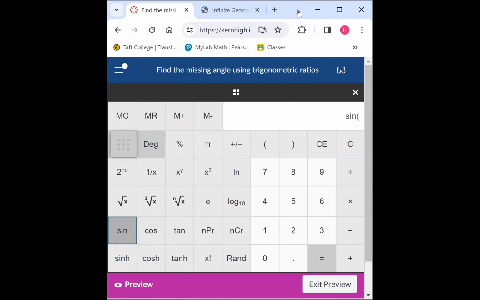So I have sine of 44.4 times 8.9 divided by 22.807707, and it gives me a big decimal, 0.273022.